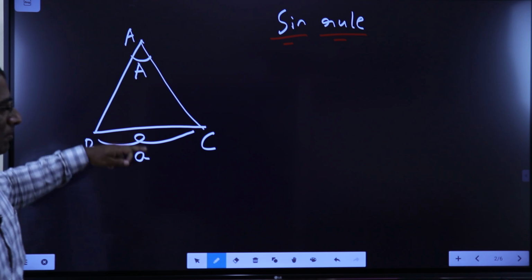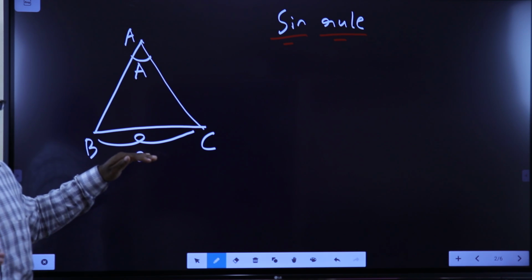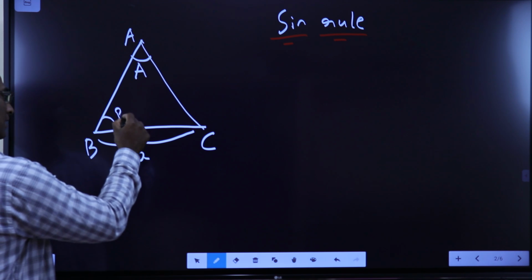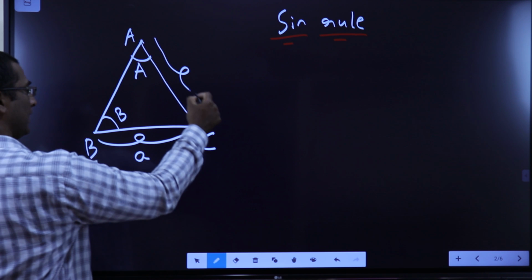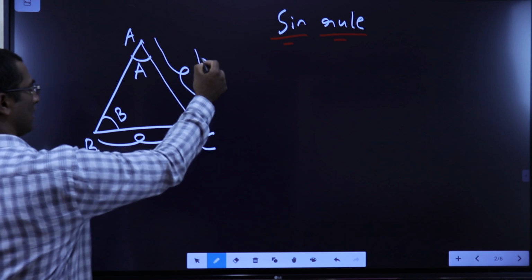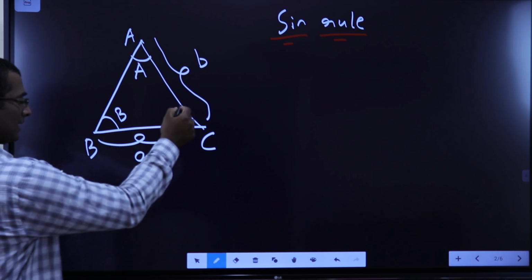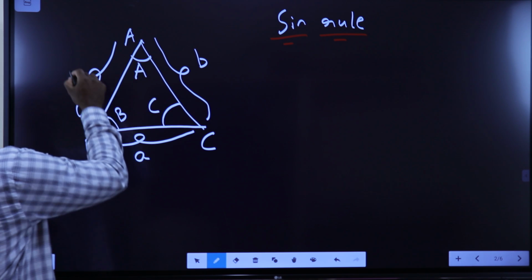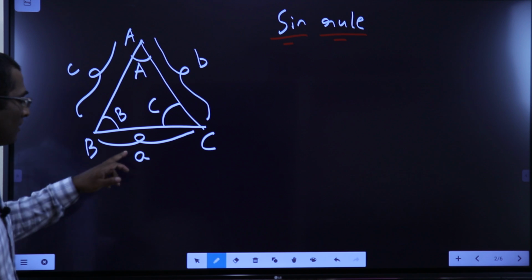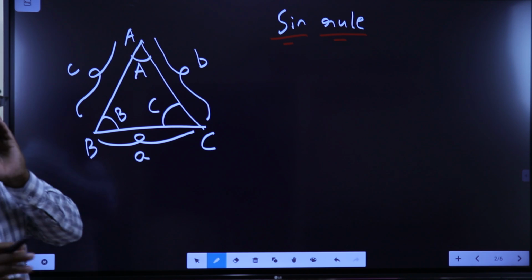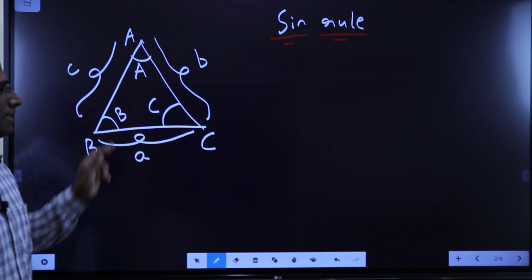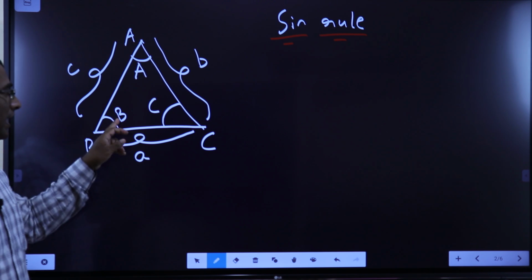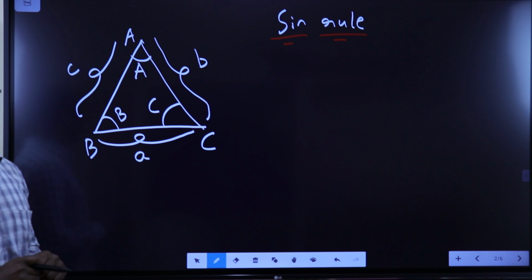If I take the angle B, its opposite side length has to be small b. If I take this angle to be capital C, its opposite side length has to be small c. These small letters represent the length of the sides. Capital letters represent the angle.